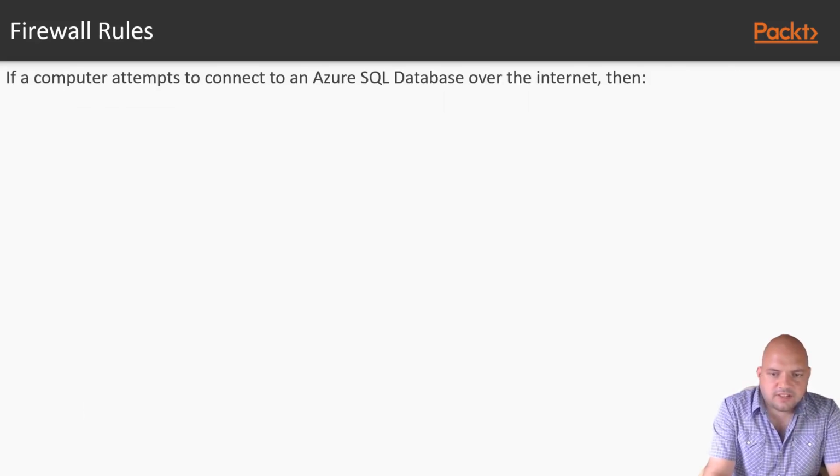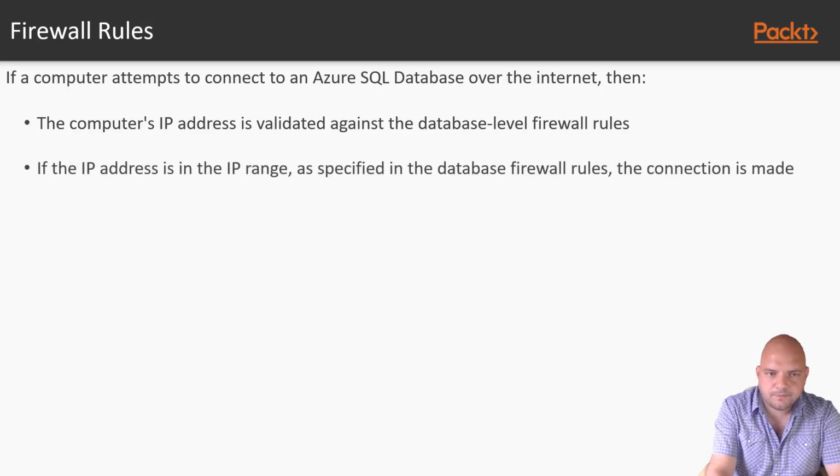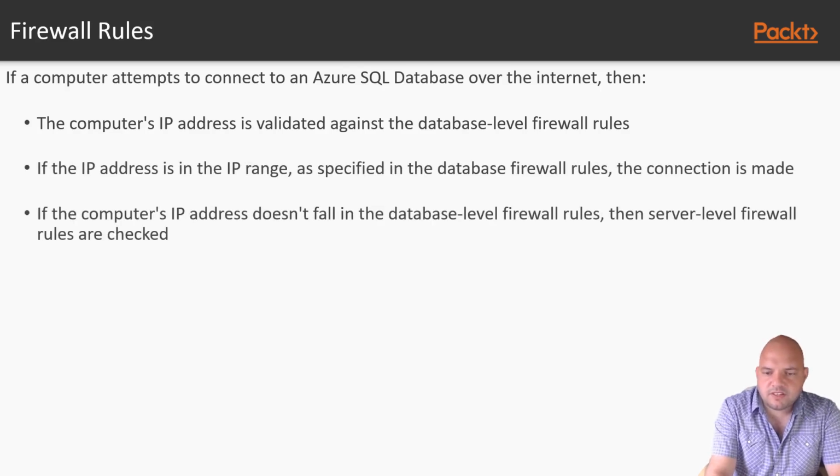So if a computer attempts to connect to an Azure database over the internet, then the computer's IP address is validated against the database level firewall rules. If the IP address is in the IP range as specified in the database firewall rules, a connection is made. If the computer's IP address doesn't fall in the database level firewall rules, then the server level firewall rules are checked.